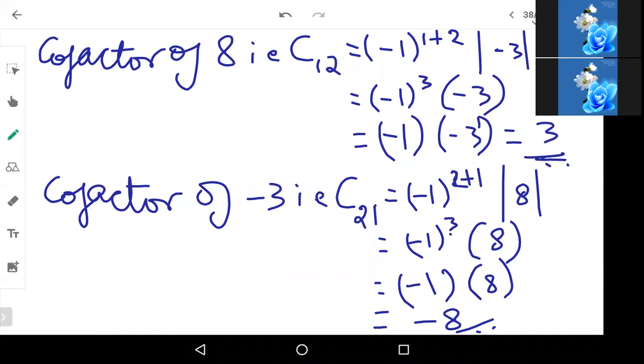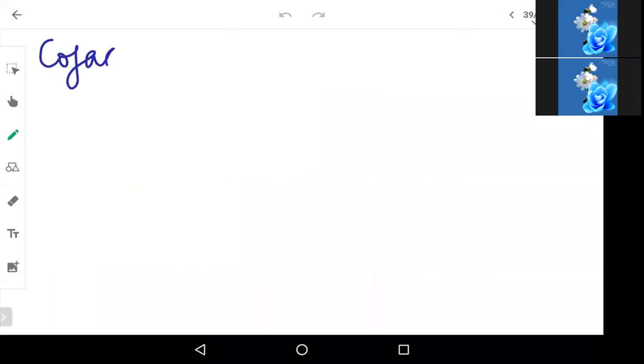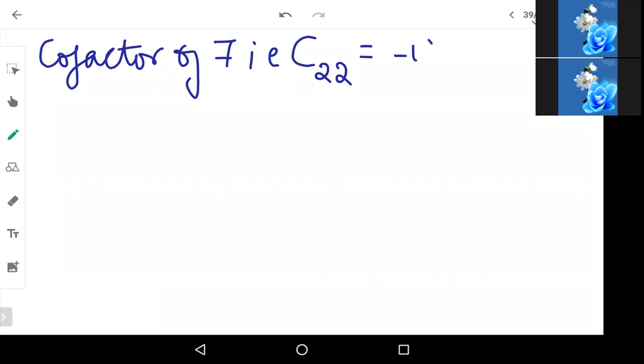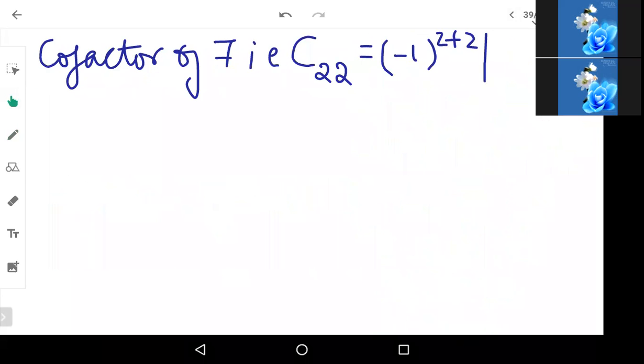And finally, the last cofactor, of 7, that is second row, second column, is equal to -1 to the power 2 plus 2. And what will be the minor for 7? 2 will be the minor. So determinant 2.